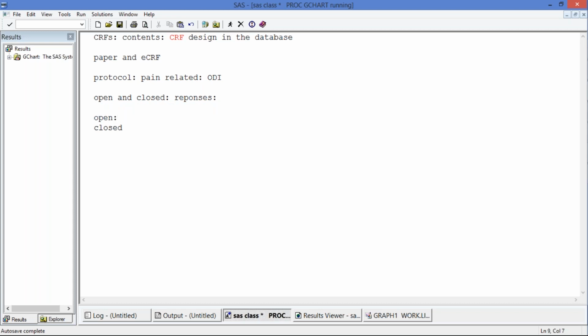When you don't have possible values for a particular question, and when you cannot guess the value for the question, we just leave a space to enter the response. This is open. Open means open to the data entry person collecting the data on the CRF, so that they can write any text in the given blank.